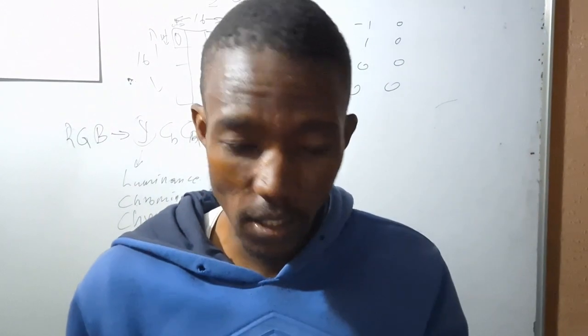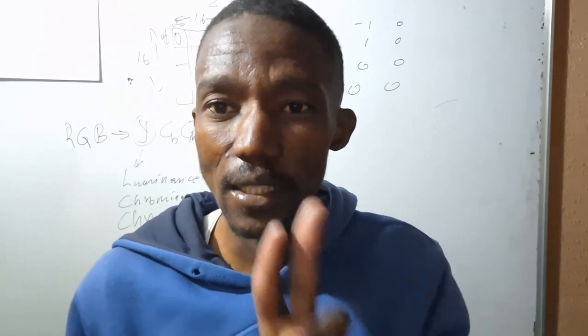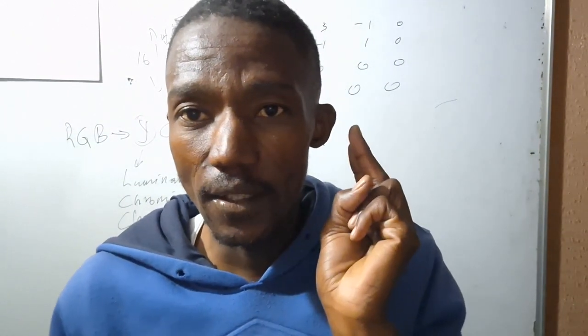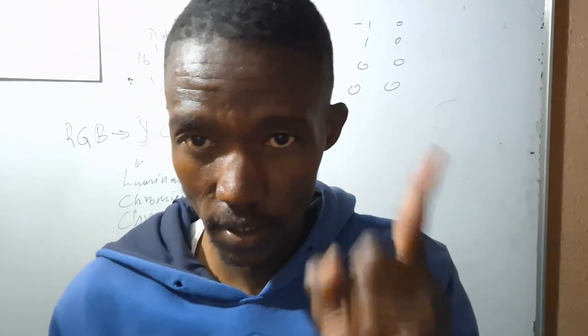But here's what I want us to understand: there is a color space that is suitable for display, for what you see, but it's not so good when we want to store things and transmit them from the device that captures to the device that is going to receive.